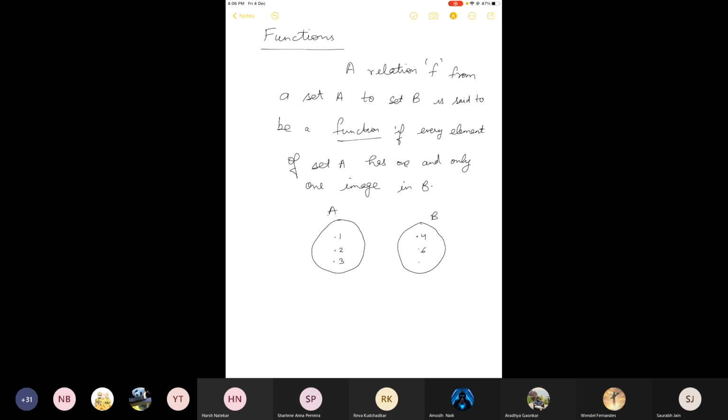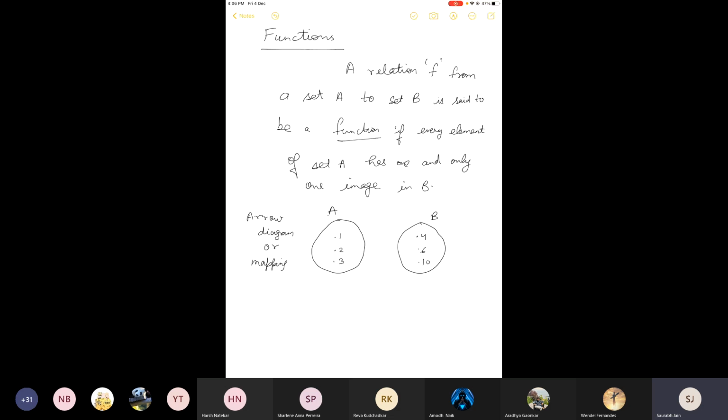This is actually called an arrow diagram or mapping, where sets are represented by these circles. The elements may be some alphabets or anything. Whatever is written inside are the elements of the set.